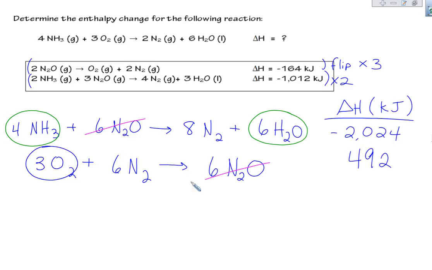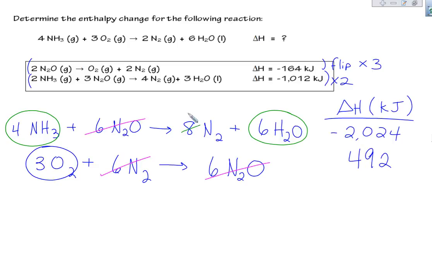And this is great too. So I do want some nitrogen on the product side, but I only want 2 nitrogen. Well, check it out. Here I produce 8, but then I consume 6 of them. So we could cancel these 6, and then let's drop this guy down to 2.